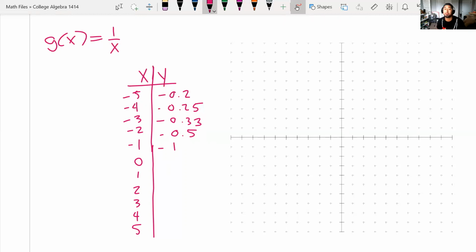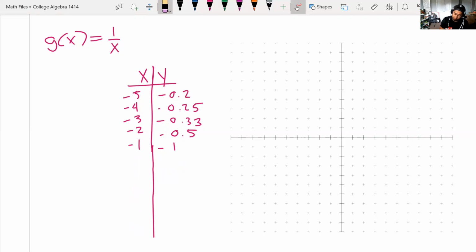And what happens if I plug in 0? If I plug in 0, I'll get 1 over 0, which is undefined. Okay. Actually, I might need a little bit more points. So let me do this instead.